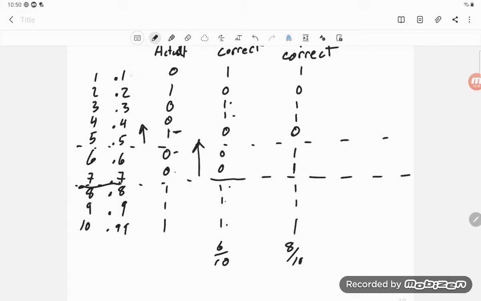So we could call this predicted probability just a score, and where do I want to set it? What kind of score do you need? And here it appears you want to set the score at 0.7, not 0.5.